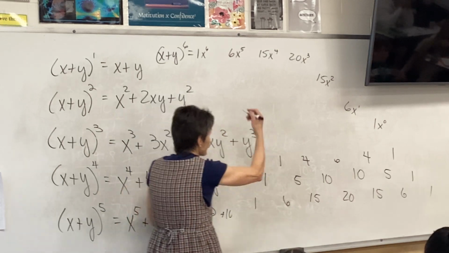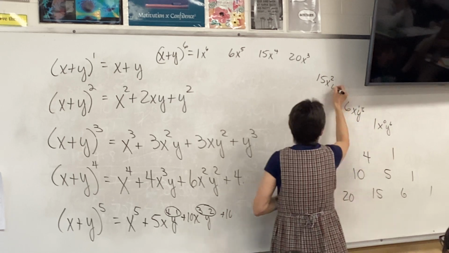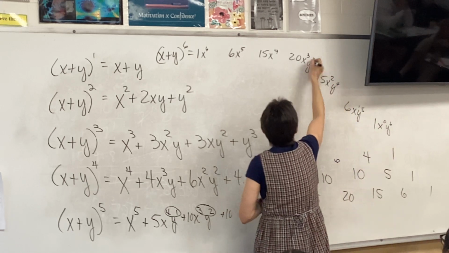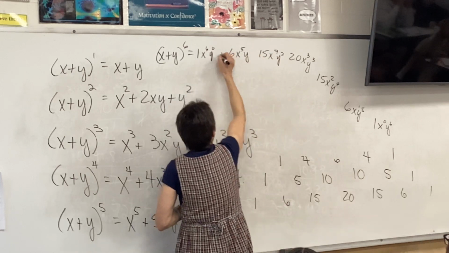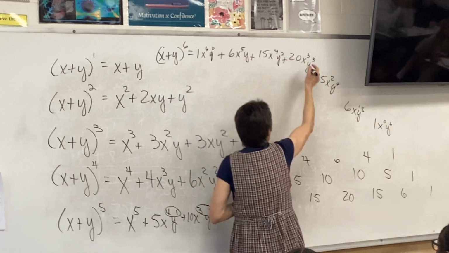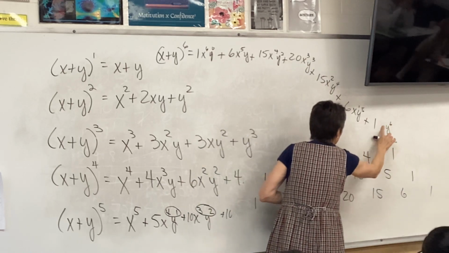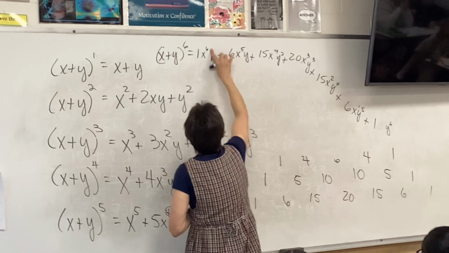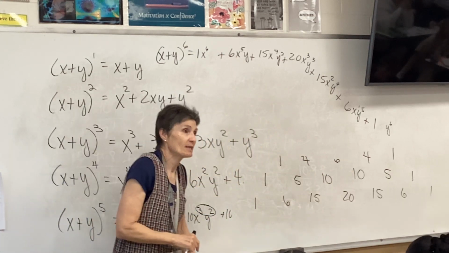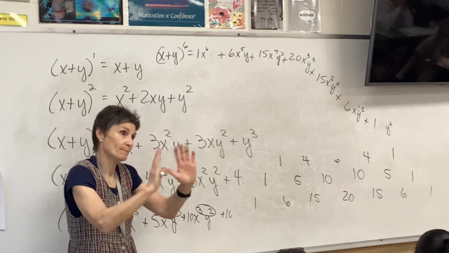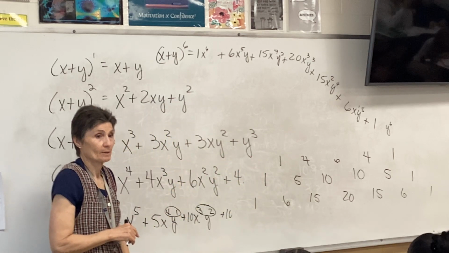And then your Y's are doing the same thing: Y to the 6th, Y to the 5th, Y to the 4th, Y to the 3rd, Y to the 2nd, Y, and Y to the 0th. And as Meg said, I don't really have to put in the zeros. Done. We just expanded x plus y to the 6th power, foiled it 6 times in about 30 seconds. Cool.